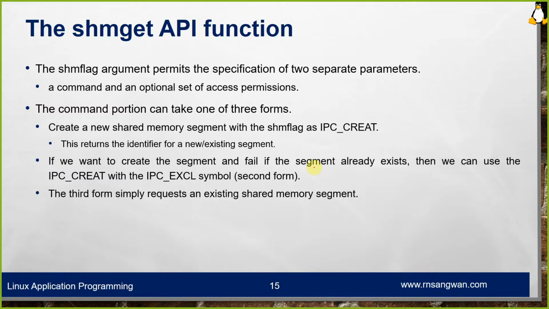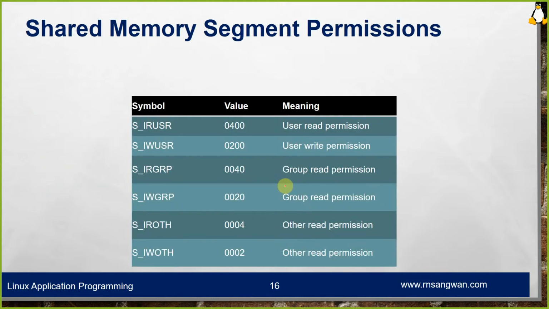If we want to create a segment and fail if the segment already exists, then we can use IPC_CREAT with IPC_EXCL. You remember that existing symbol. That is the second form. And third is simply requesting an existing shared memory segment. Now the repeat is happening, and the same set of values we have here also.